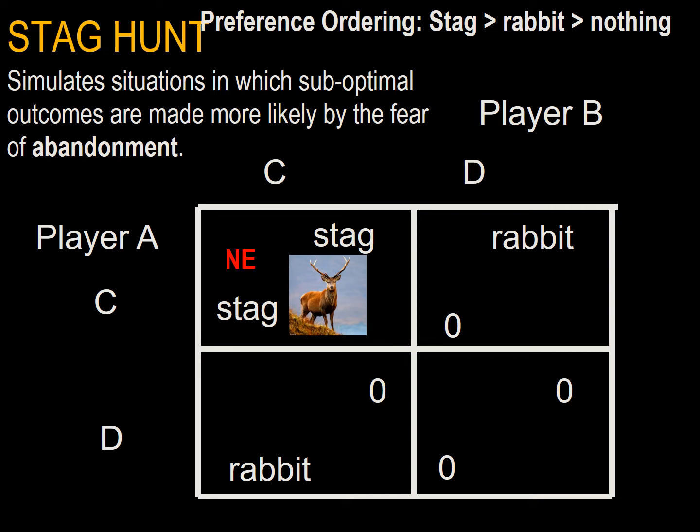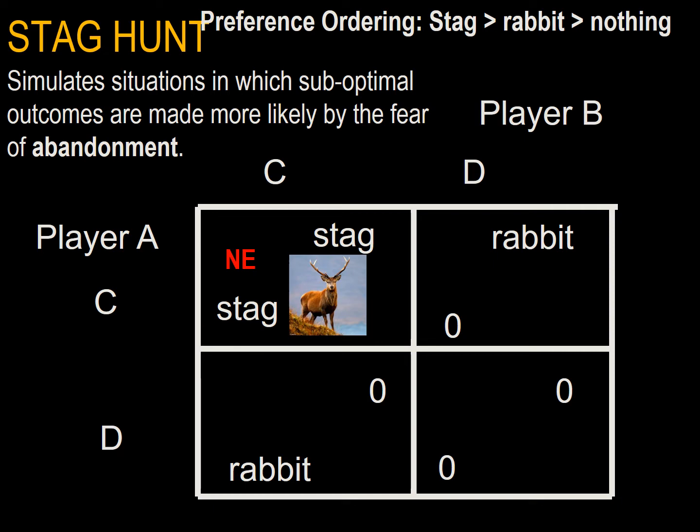And so they're going to chase a rabbit as well to secure at least a minimum meal of a rabbit. But if every hunter is chasing rabbits, then there's going to be no one chasing the stag, and it's going to create so much noise that the rabbits are also going to escape. And so no one will eat anything. Now, the preference here is to cooperate to capture the stag in terms of the payoffs.